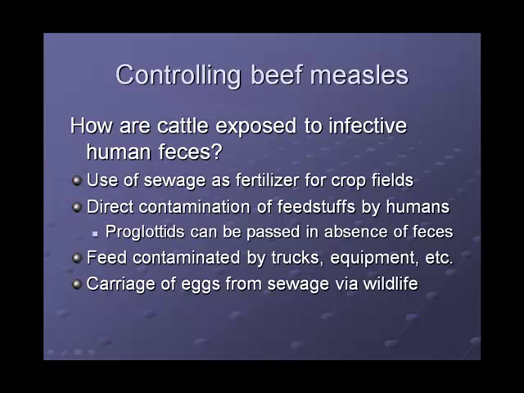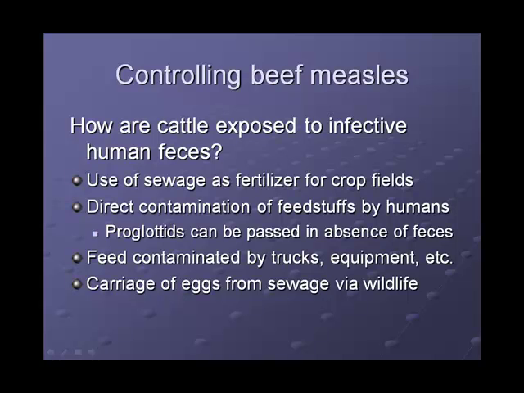The direct contamination of feedstuffs by humans is sort of the thing that gets talked about, a whisper campaign, so to speak, that you'll hear: we may have immigrant workers who don't want to go all the way back to the office to use the facilities, and so they're defecating in the feed bunk, or in the feed storage area, or in the pasture.